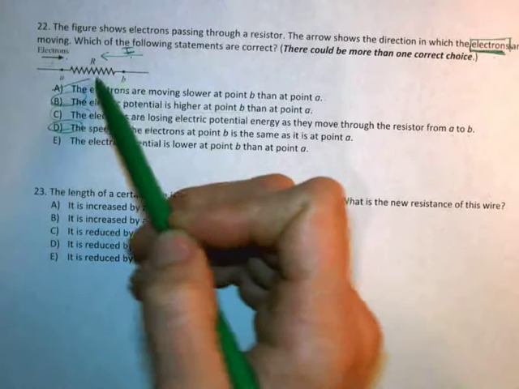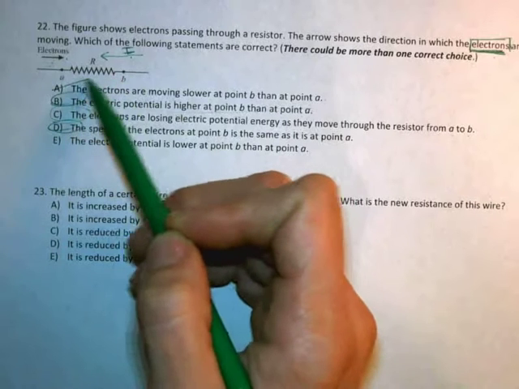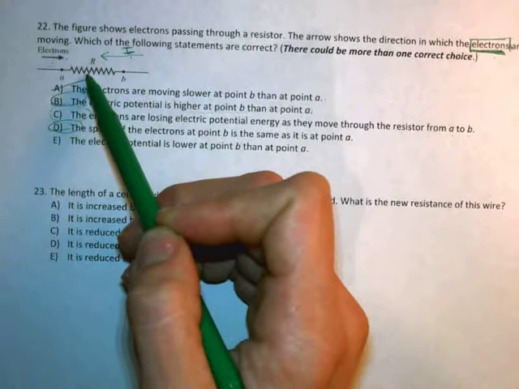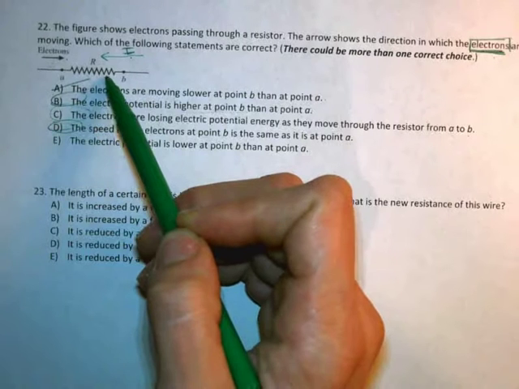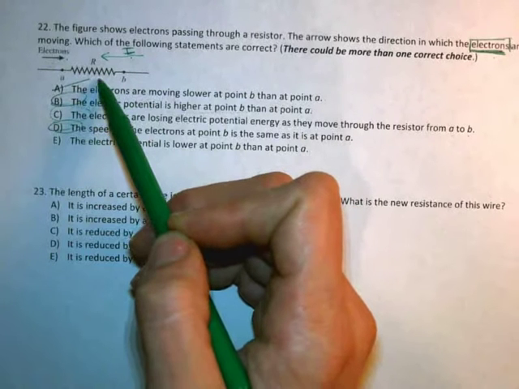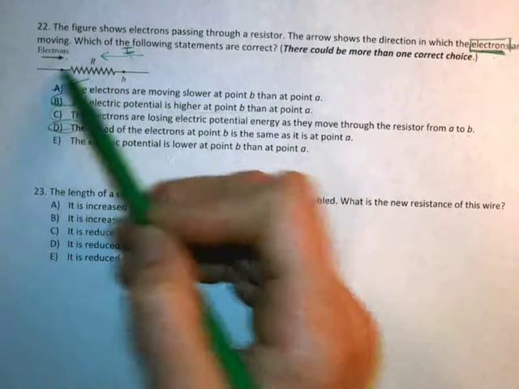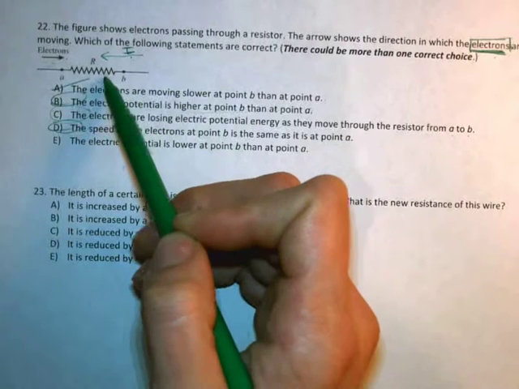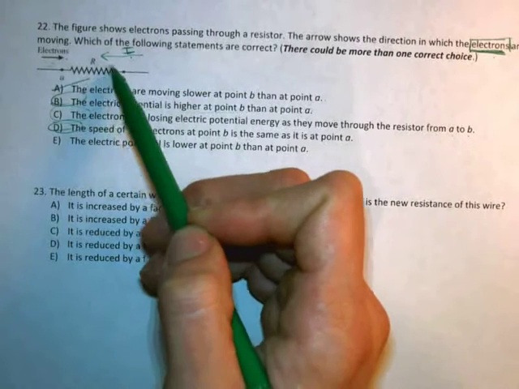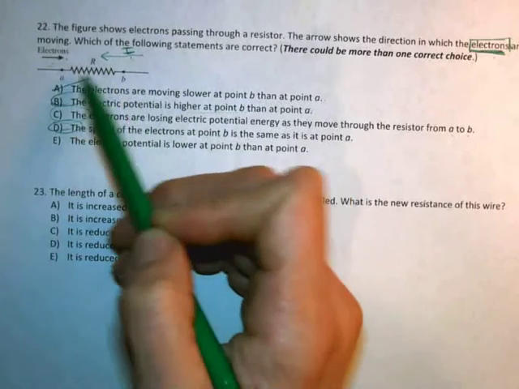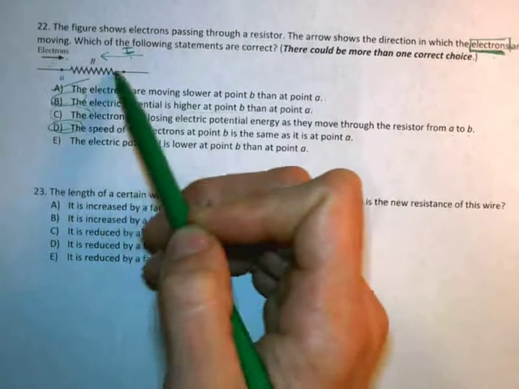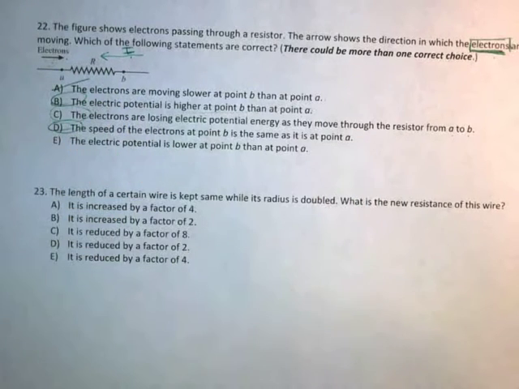What is happening is that electric potential energy is being converted into heat. So the resistor is warming up a little bit as the electrons go through here. So they're losing their potential energy, but it's not causing the electrons to speed up. It's causing that potential energy to turn into heat.